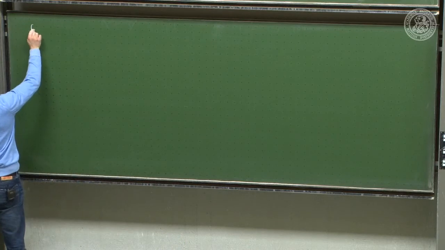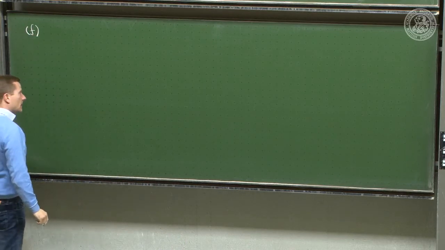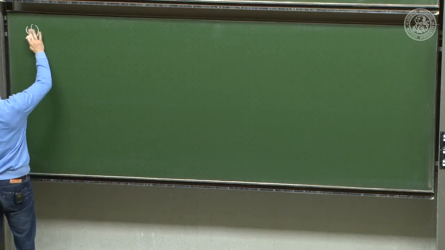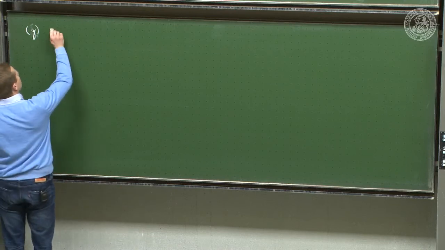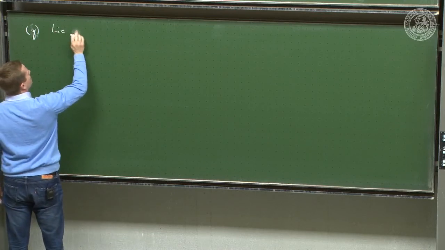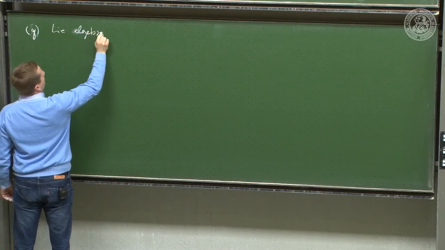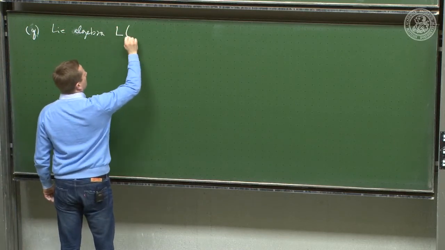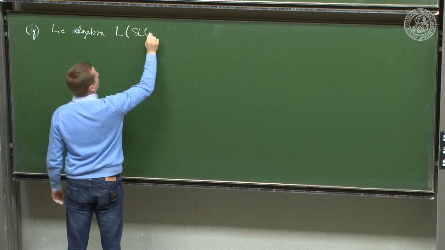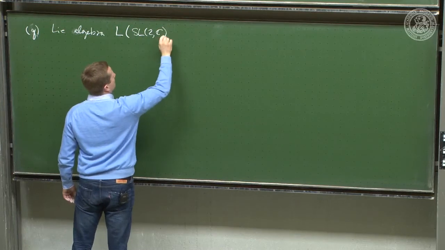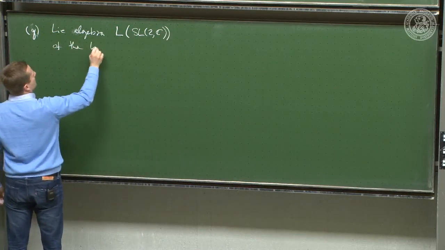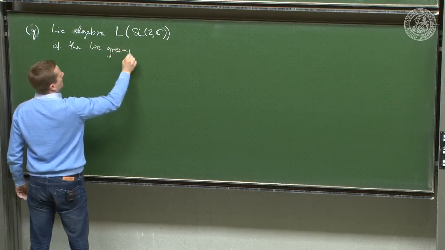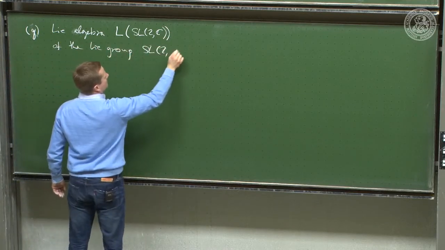Let's say step F. Okay, G. Well, what's the Lie group? A Lie algebra. L of SL2C, the Lie algebra of the Lie group SL2C.